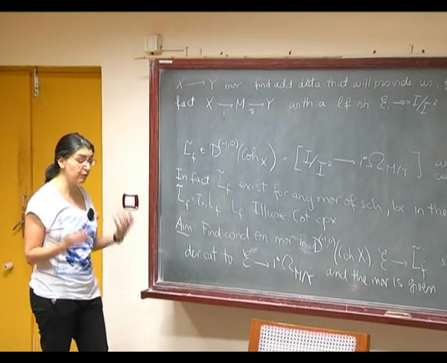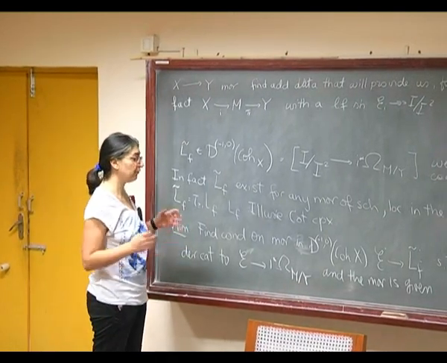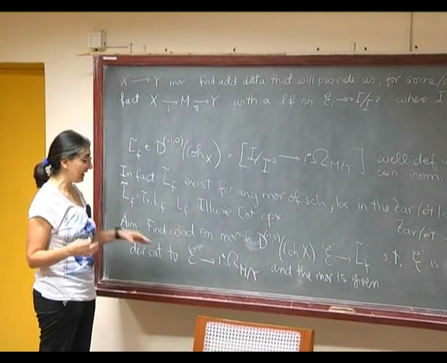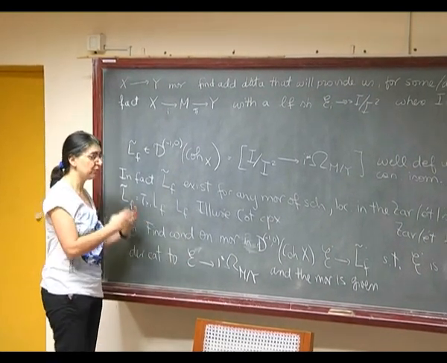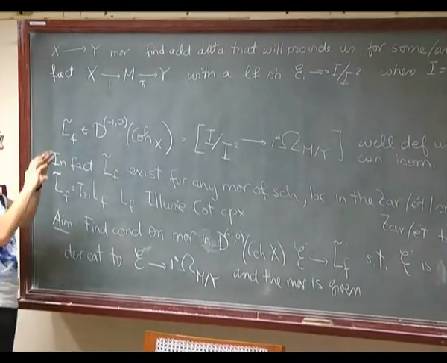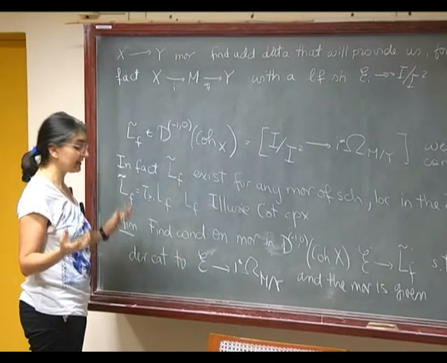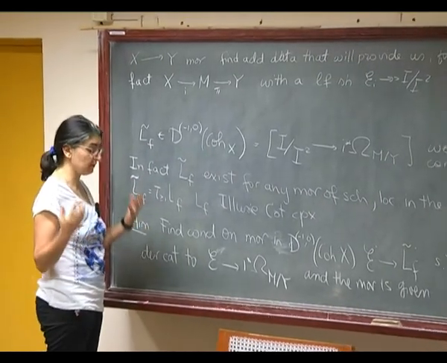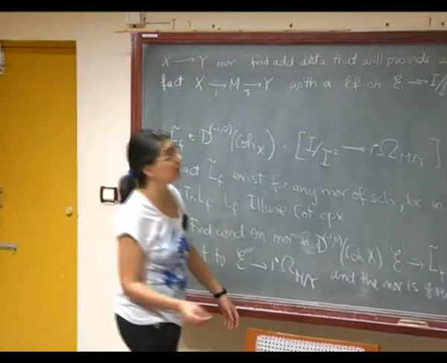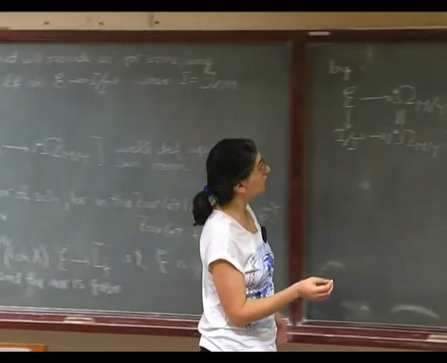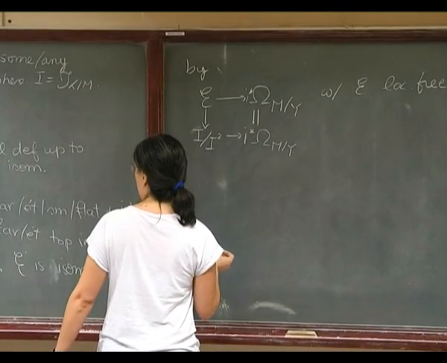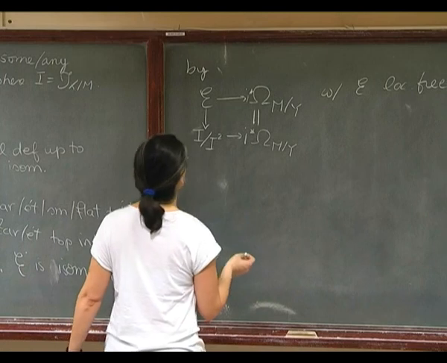So we will really need the stacky construction, which will allow us to do things slightly differently, to find something which is global and which doesn't change under quasi-isomorphism. So curly E is not one of the pieces of curly E dot. I don't have a curly E dot.